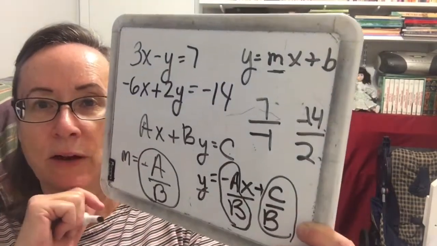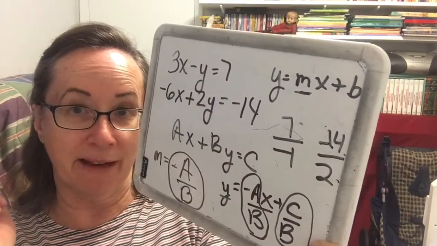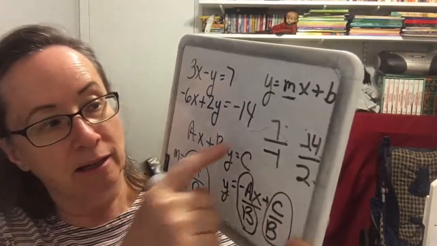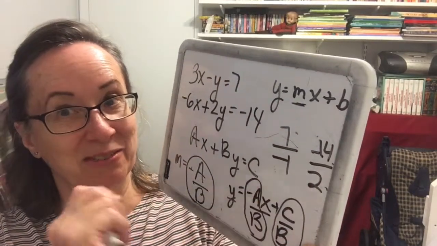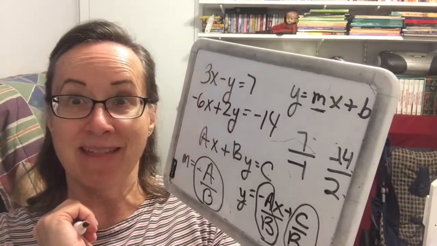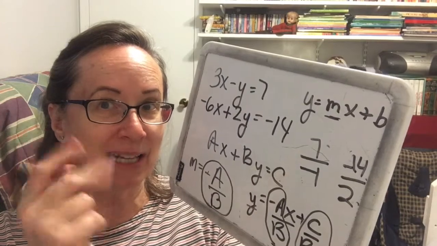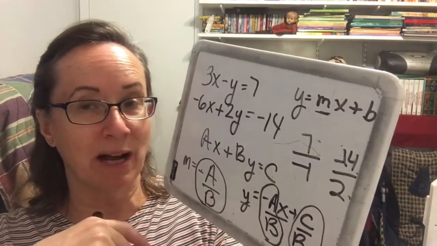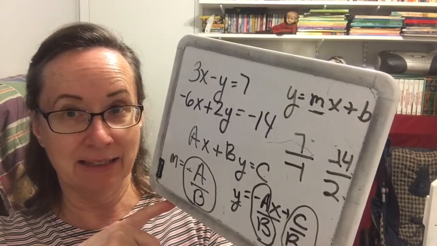What happens to those two y-intercepts? Do they look like they're equal to each other? Negative 7 over 1, negative 7 over 1. They're both equal to negative 7. Therefore, we have two lines that have the same slope and the same y-intercept. Therefore, they are the same line.